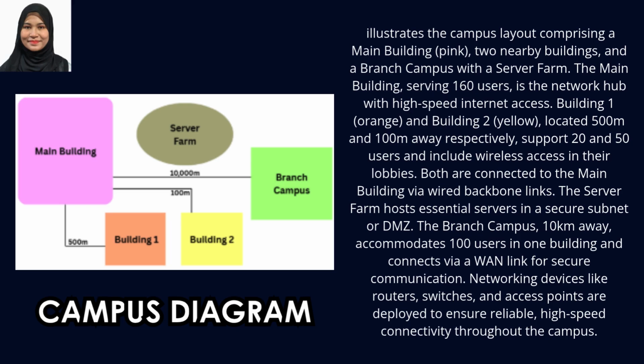The server farm hosts essential servers in a secure subnet or DMZ. The branch campus 10 km away accommodates 100 users in one building and connects via a link for secure communication. Network devices like routers, switches, and access points are deployed to ensure reliable high speed.